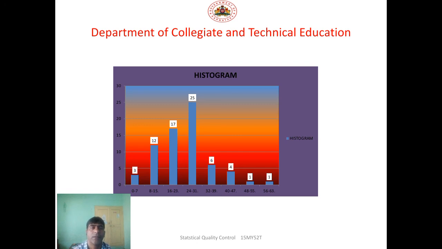Mark all the points on your graph sheet or notebook and draw the histogram. It's very simple. You can easily draw the histogram.